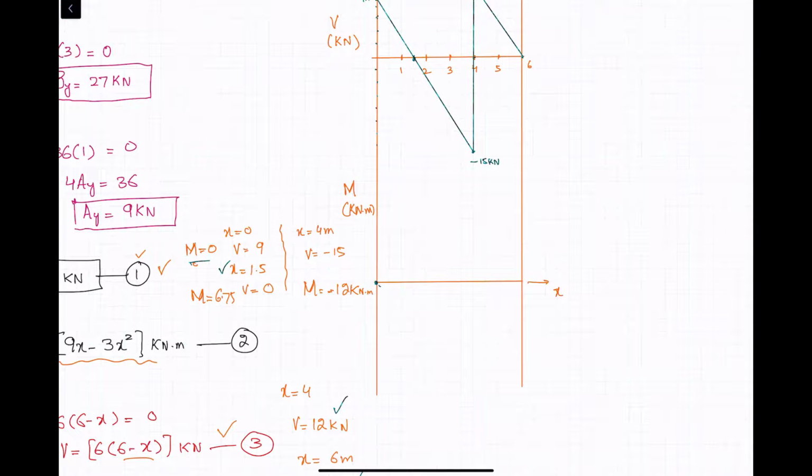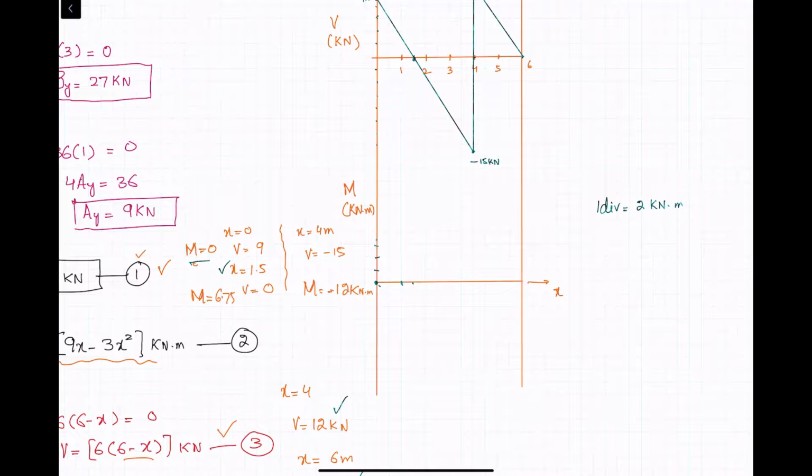And again, let one division be equal to 2 kilonewton meter. So this is 2, this is 4, this is 6. So 6.75 will be somewhere here. So at x is equal to, this is 1, this is 1.5.